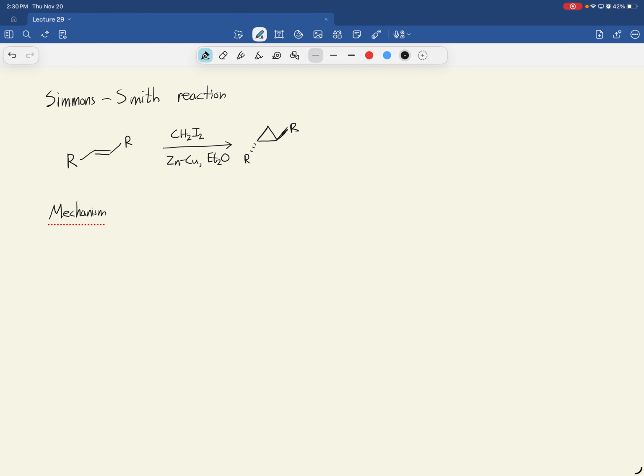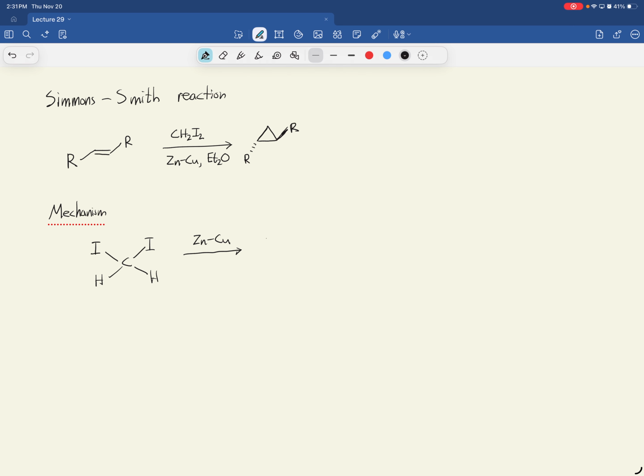So what happens first is your diiodomethane will insert into the zinc-copper couple. So remember when we added magnesium instead? What inserted between the carbon-halogen bond? Ooh, Grignard. Magnesium. So in this case, we're just using zinc-copper, okay?